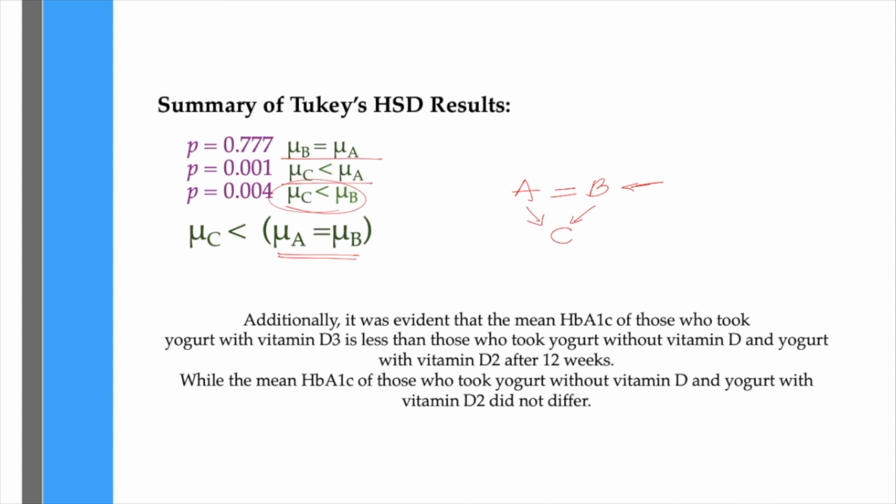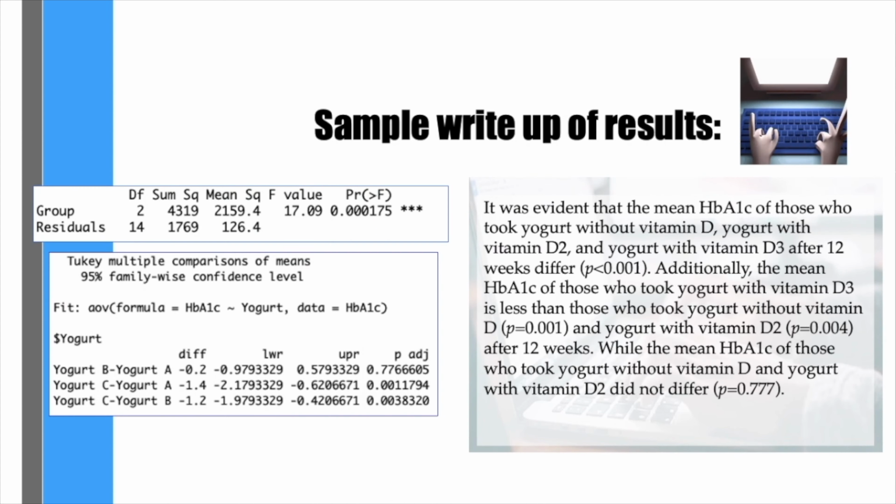So for a sample write-up, if in case this is your research, for example, we may write it as: it was evident that the mean HbA1c of those who took yogurt without vitamin D, yogurt with vitamin D2, and yogurt with vitamin D3 after 12 weeks differ. So this is actually the result of the Fisher's ANOVA.